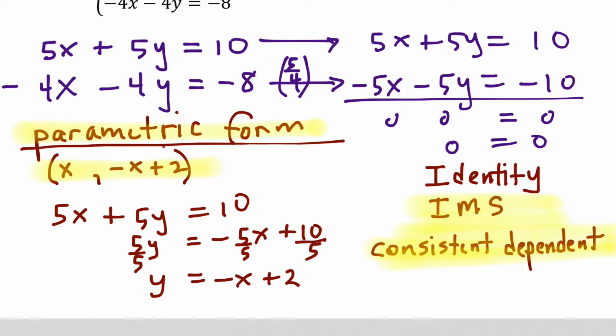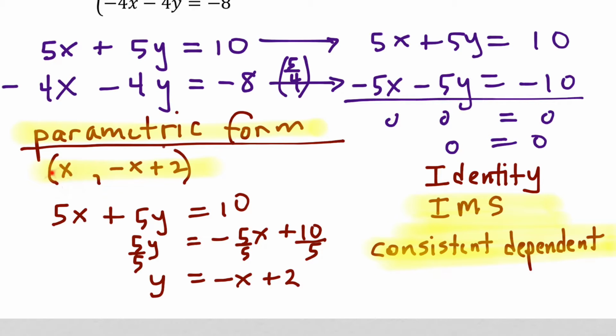So let's pull this all together. If you have infinitely many solutions, which we know when you wind up with an identity when you solve the system, we call that a consistent dependent system of equations. The way that we report our answer in parametric form is that we solve for one variable in terms of the other.